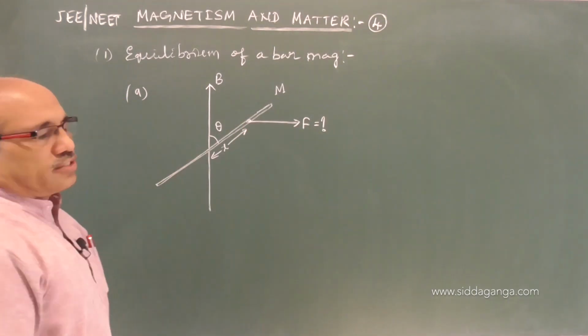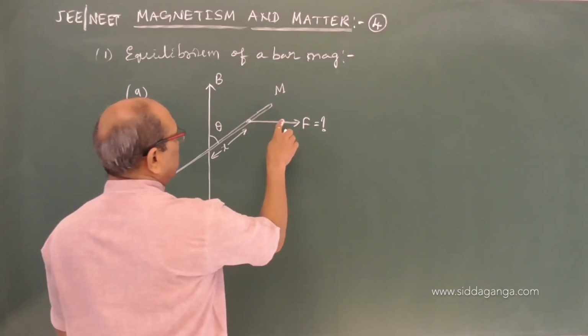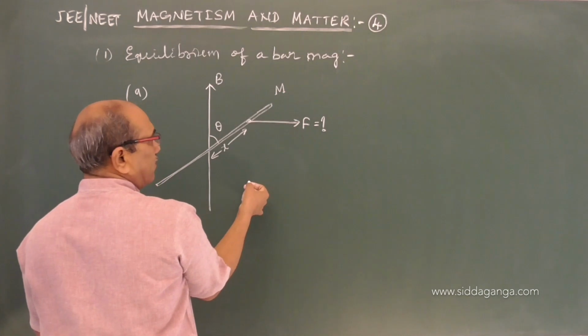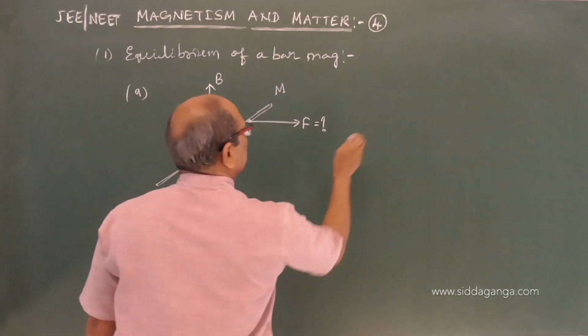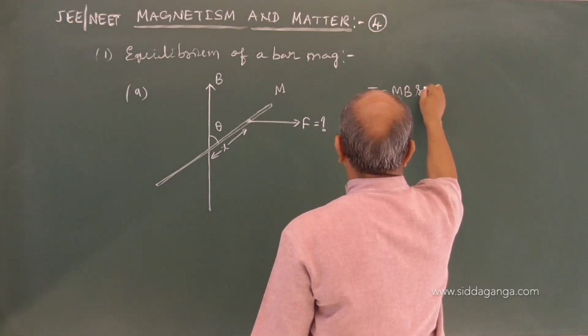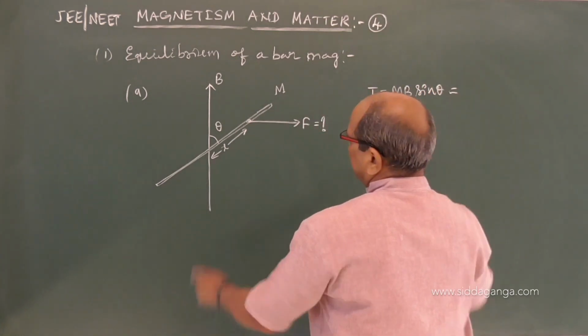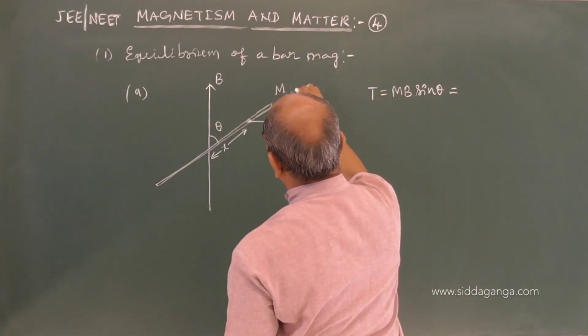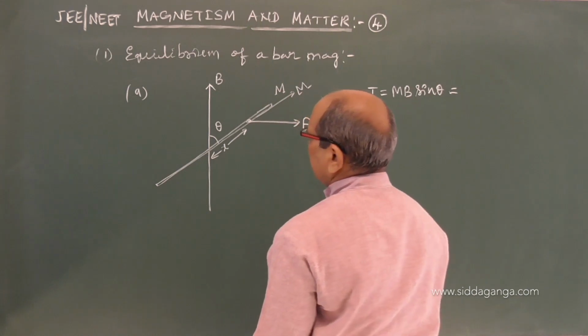So there are two forces acting. One force is pulling it towards it, and this force is trying to pull it away. So that is the torque, which we write as mB sin theta, because the angle between m and B is theta.